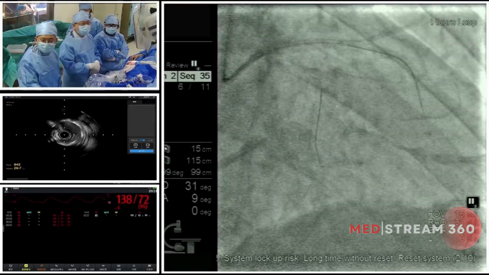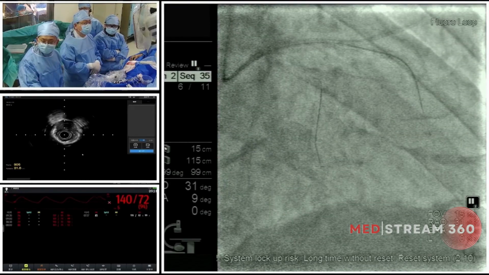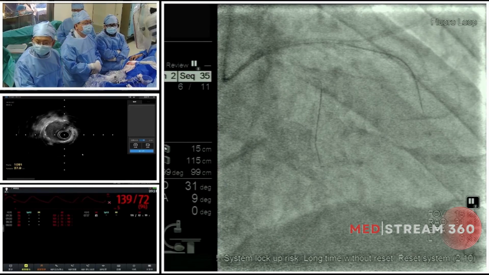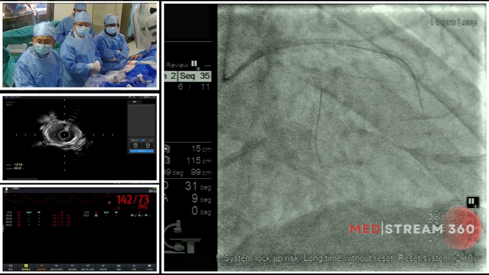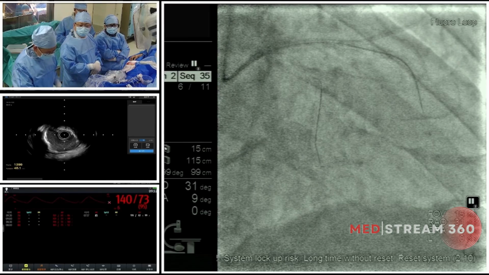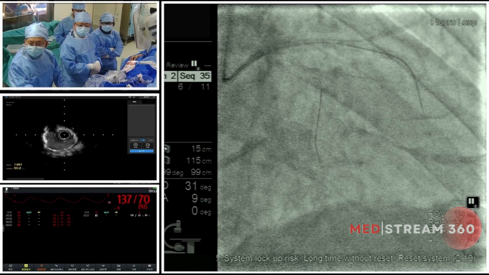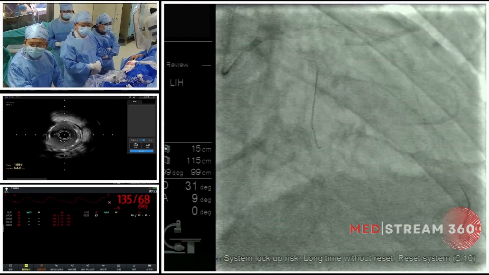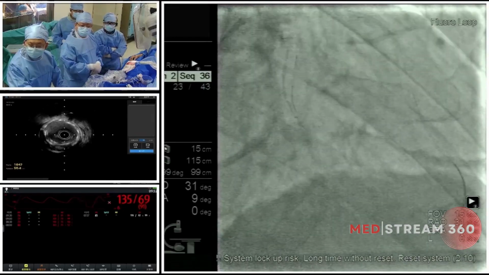Is this the first IVUS image after the stent? Yes. Okay, I think Professor Gong should choose a bigger NC balloon to do the POT. Yeah, according to the findings of the imaging.